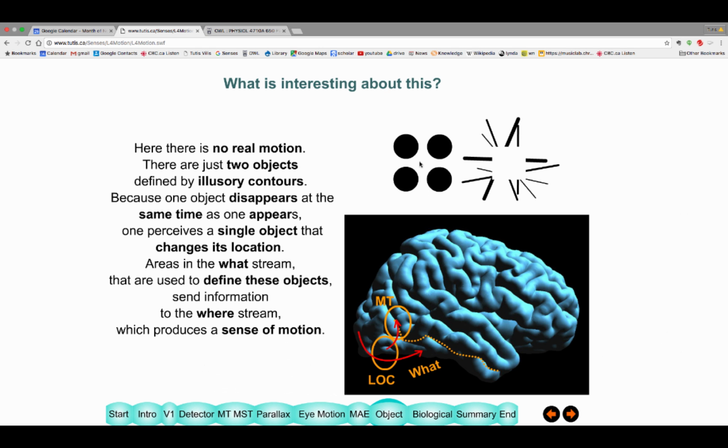What I've taken is a square over here that's white, and then shown it over here as a white square. Okay? So here, LOC is giving MT a false signal that something's moving. A square appears over there, a square appears in another place. Two squares, both stationary, give you this sense of motion.